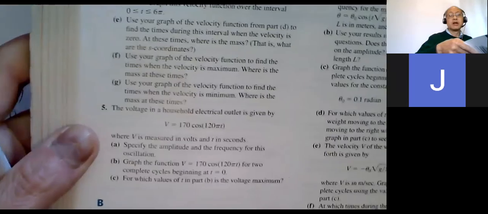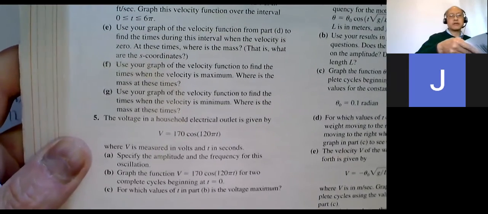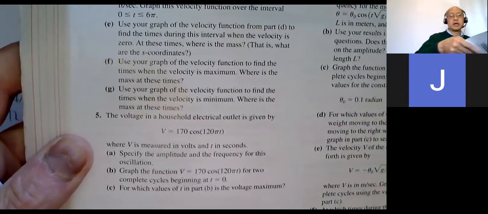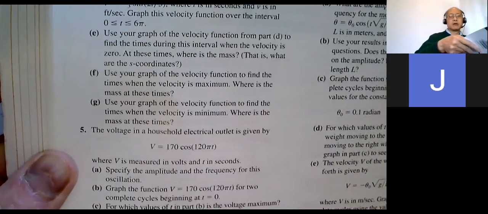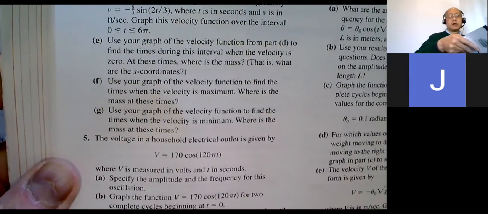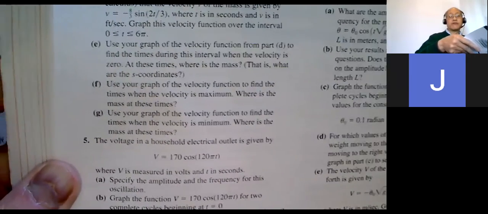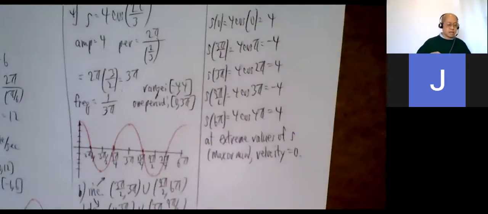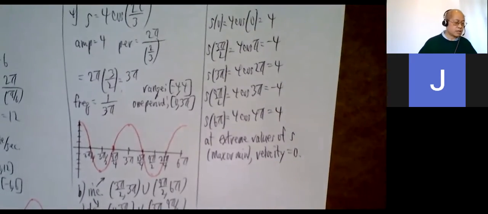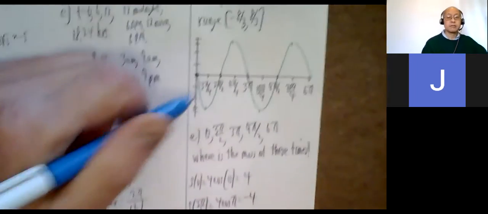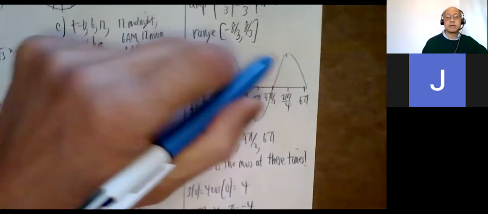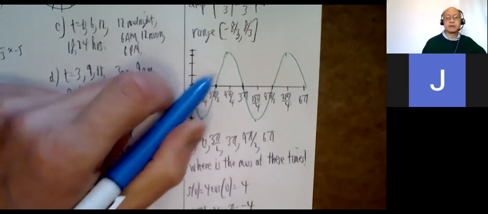Okay, F. Use your graph of the velocity function to find the times where the velocity is maximum. Where is the mass at these times? Okay, so where's the velocity a maximum? So here, here, here, and here, right?